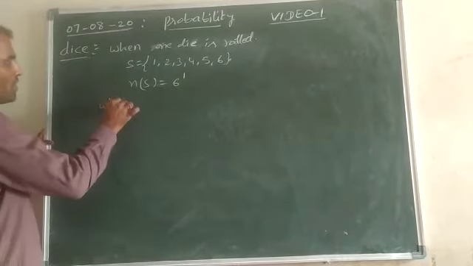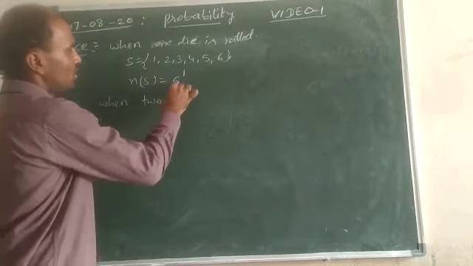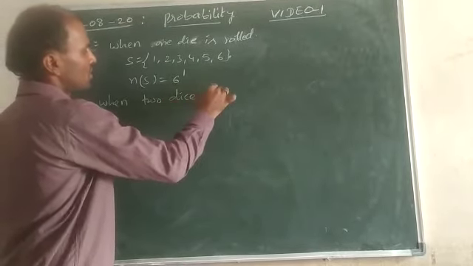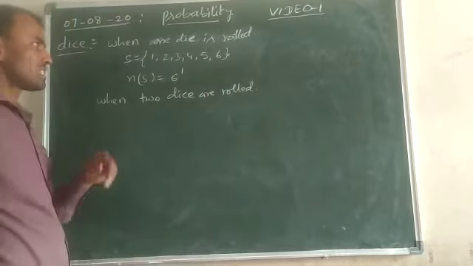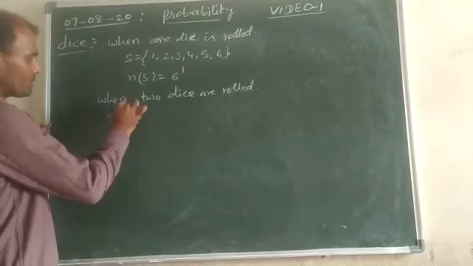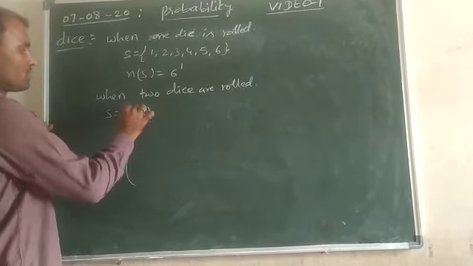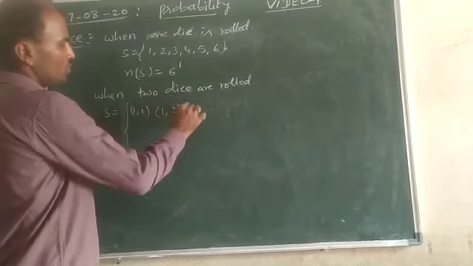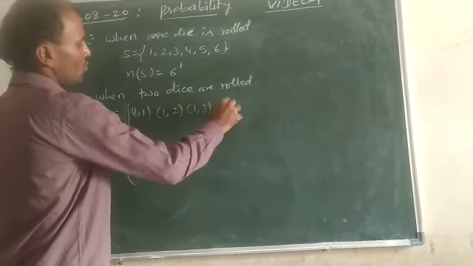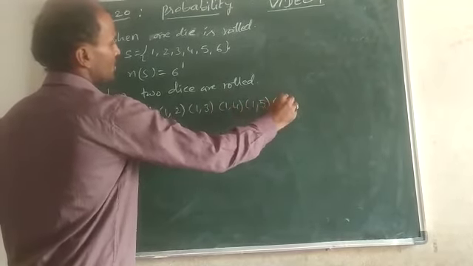Next, when 2 dice are rolled, now what is S? The sample space is: first die shows 1, second die shows 1, or 1 2, or 1 3, 1 4, 1 5, 1 6.